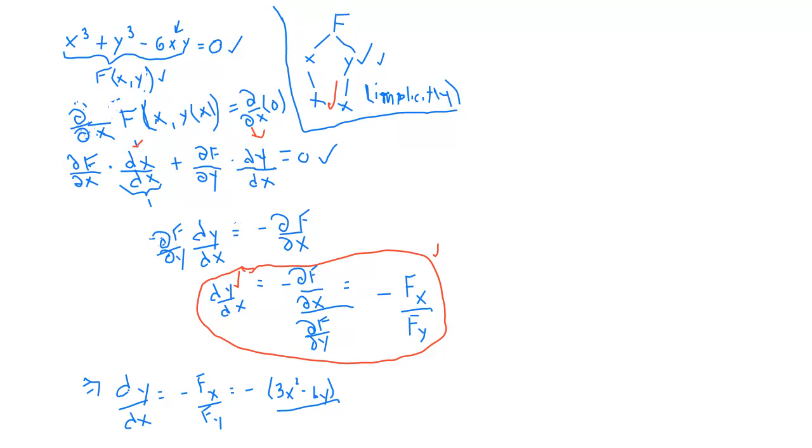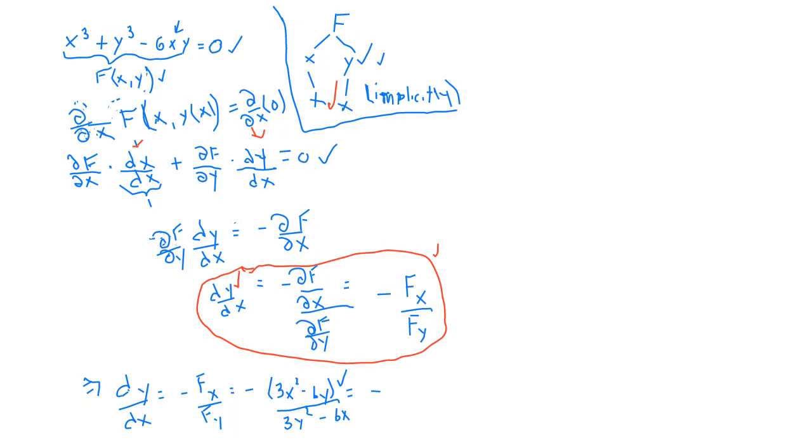And the partial derivative of F with respect to y is just 3y squared minus 6x. Okay, that's the answer.